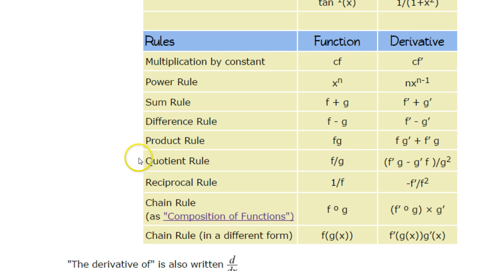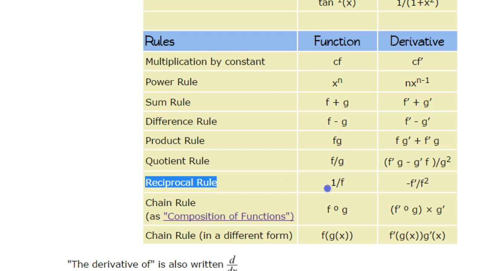Okay, and really interesting, the quotient rule is a lot like what we just did, except it's the derivative of the first times the second function minus the derivative of the second function times the first, all divided by the second function squared.